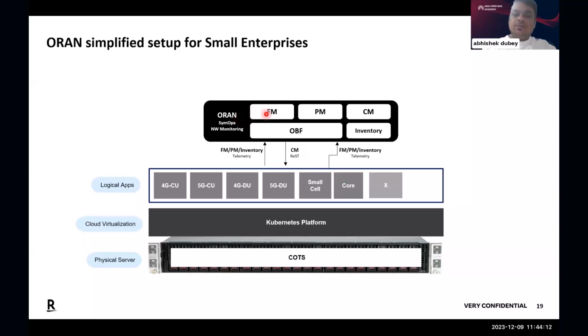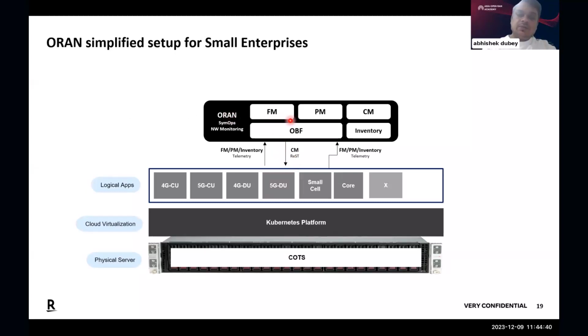So in SIMOPS, we are providing FM, fault management, performance management, configuration management, the observability framework, and inventory management. This is connected through telemetry for FM, PM and inventory. We are using REST APIs for configuration management.